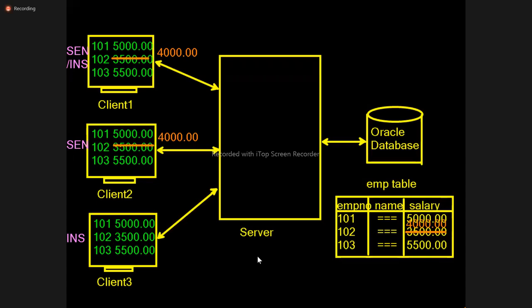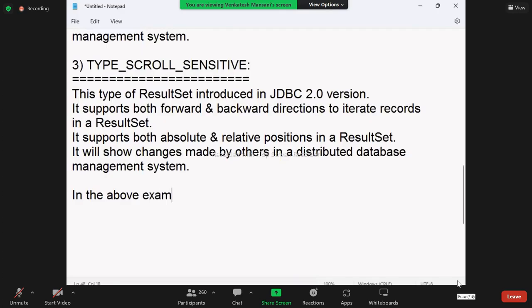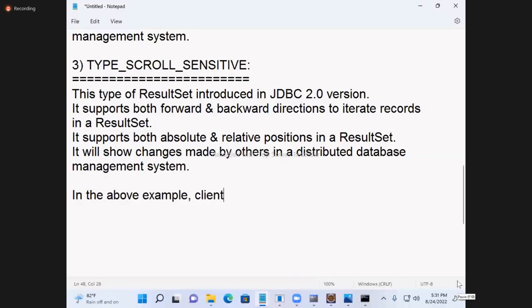Okay. First, write this diagram. I'll give a description. Client 1 updates the database. In the above example, client 1 updates the database.